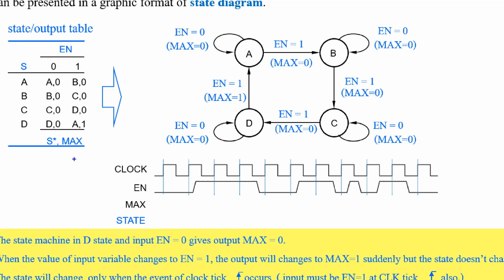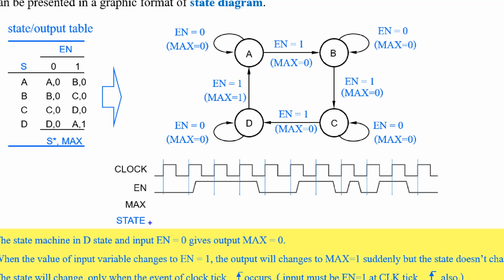So for me, let's find the state for all periods of the clock first, and then after that, if you know the state, you can determine the value of output easily, right? Because output is also based on state.